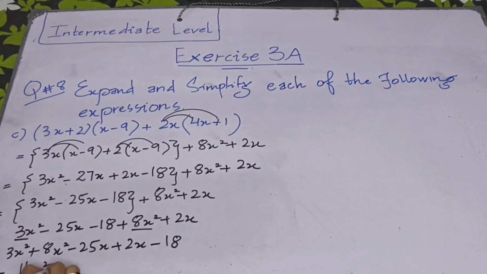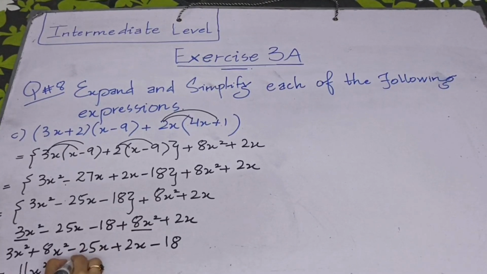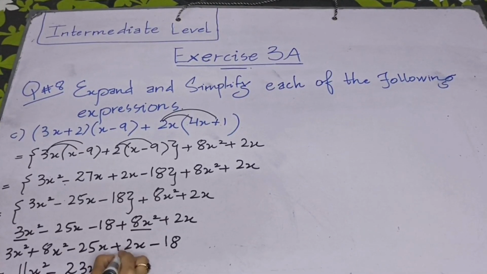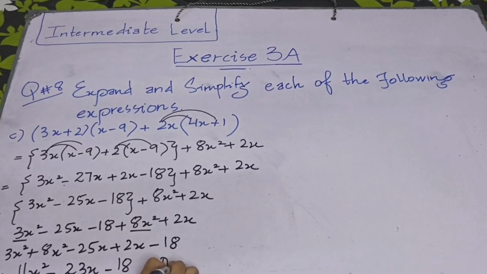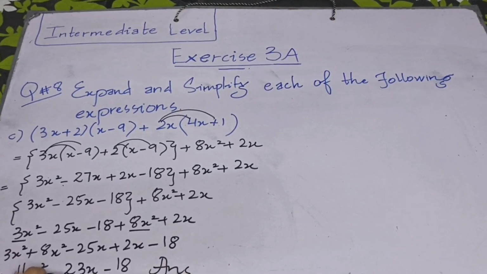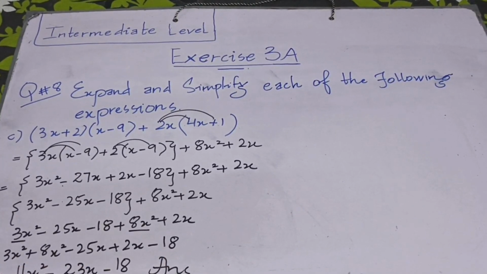Minus plus minus, greater number's sign is minus. 25 minus 2 is 23x minus 18. So the answer is 11x squared minus 23x minus 18.